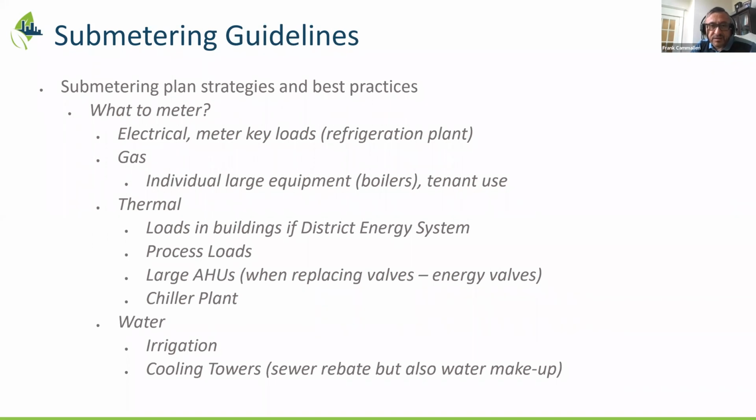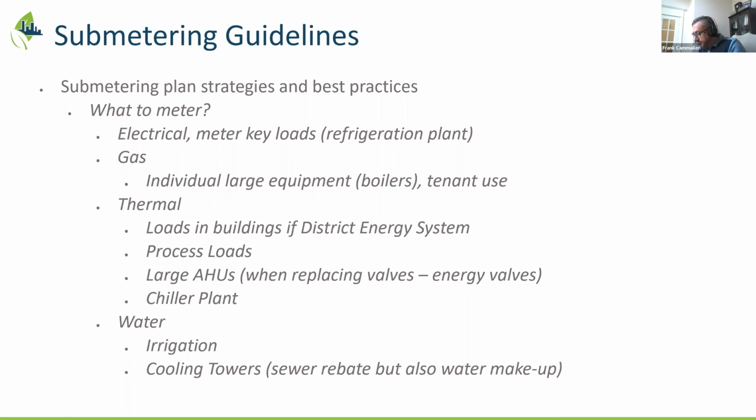After discussions and experience with QMC and other metering, the focus should really be on big equipment, key loads. You're better off trying to save money there and putting in sub-metering for other utilities as well. As we mentioned, gas is becoming more important, thermal and water as well.